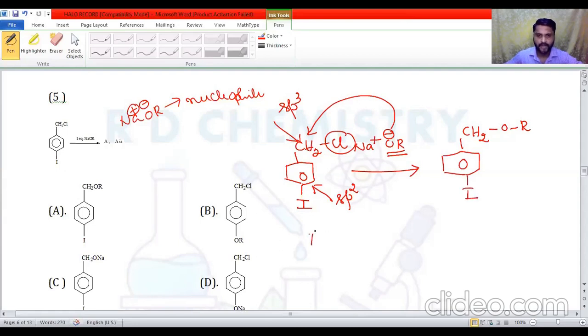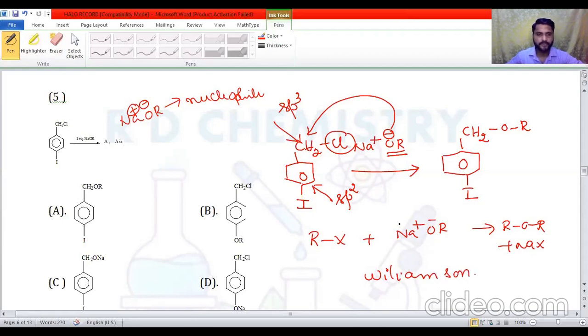This is like RX reacting with Na plus OR minus to give ROR plus NaX. We can recall this as the Williamson's reaction, the Williamson's ether synthesis.